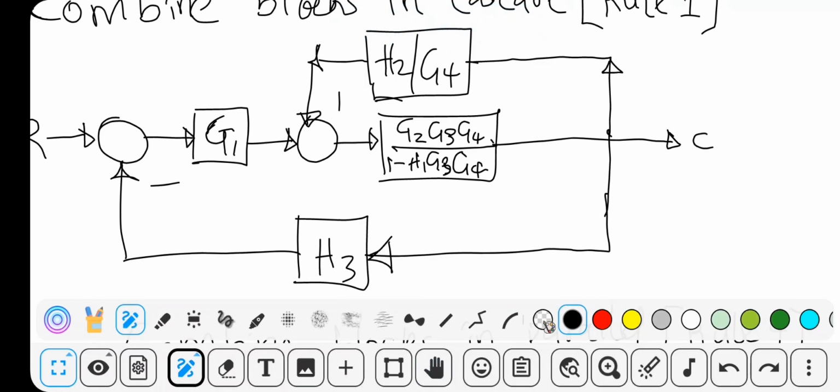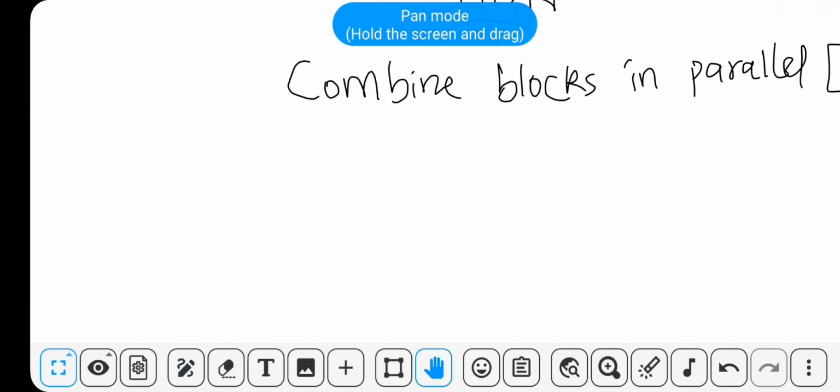Since there is no sign, you assume the sign to be positive, and then combining the blocks in parallel, you're going to have this.